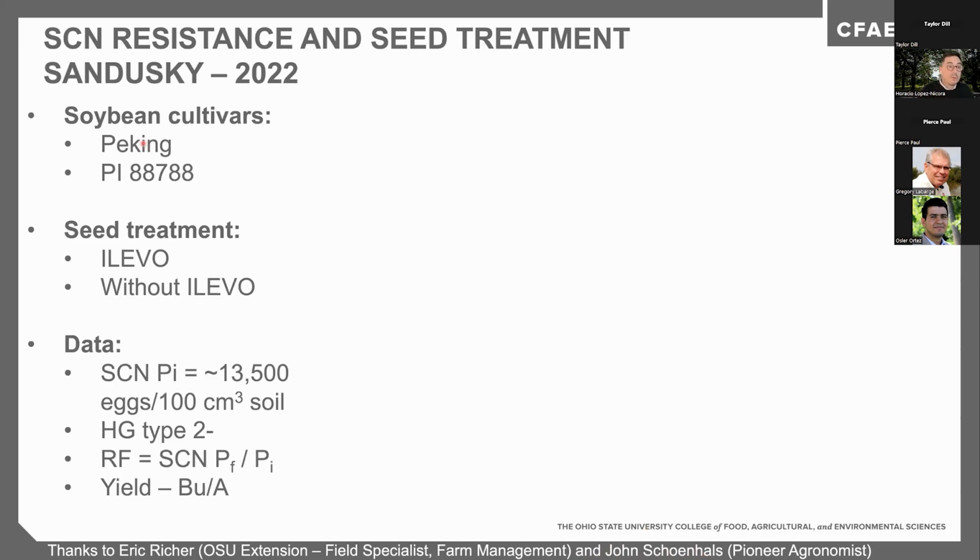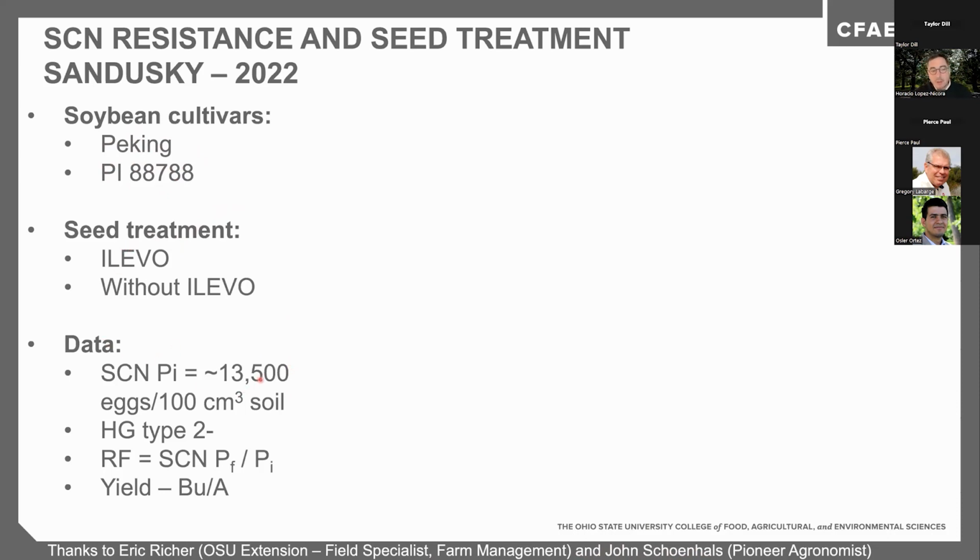We had cultivars with that PI 88788 source of resistance, the very common source of resistance, but we also had cultivars with a different source of resistance, Peking. Half of those seeds were treated with Ilivo and half without Ilivo.